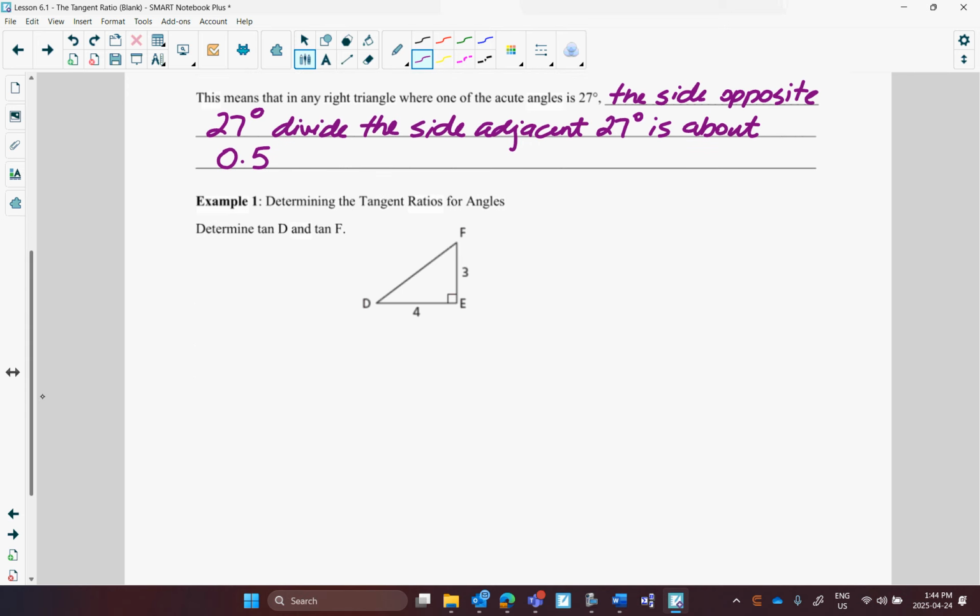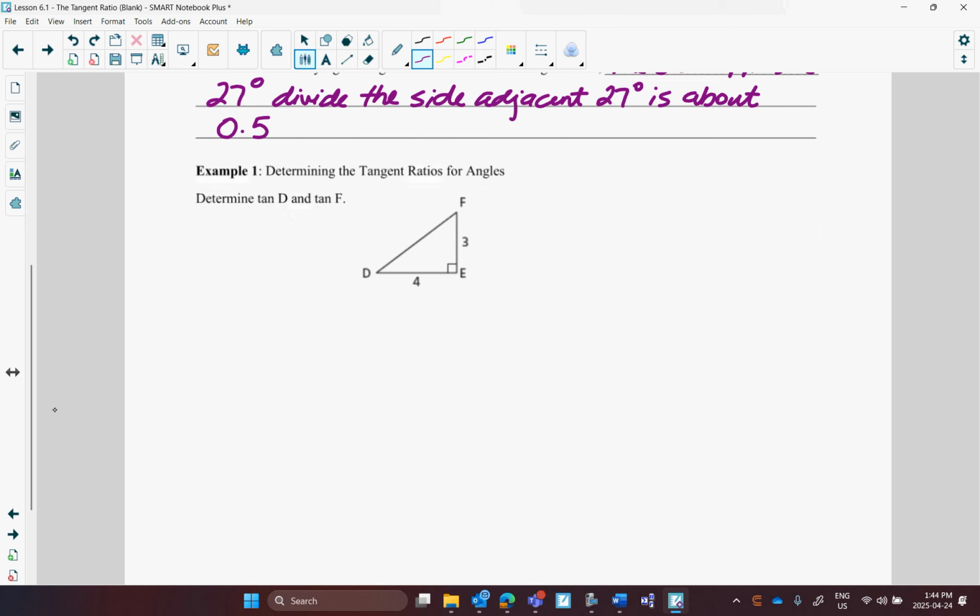How do we do these questions? I am asked to find the tan of angle D and the tan of angle F. Well, remember, the tan of angle D is the side opposite D divided by the side adjacent to D. Do I do 3 over 4 or 4 over 3? 3 over 4, because it's opposite D, which is 3, over adjacent to D, which is 4.